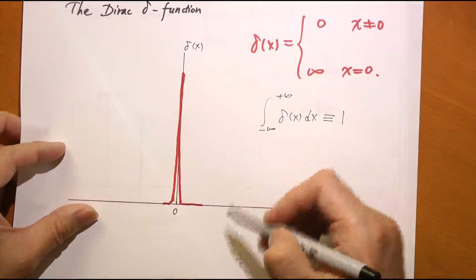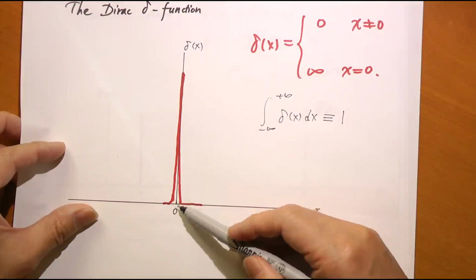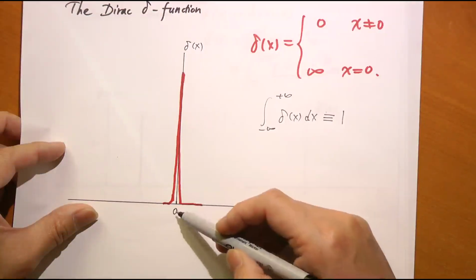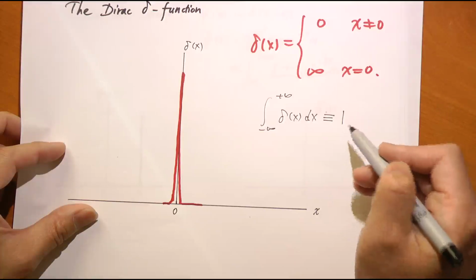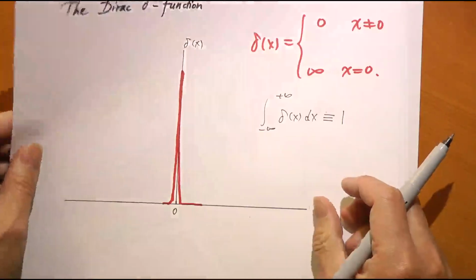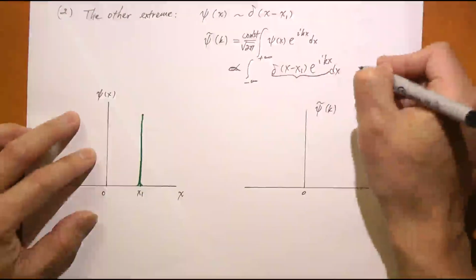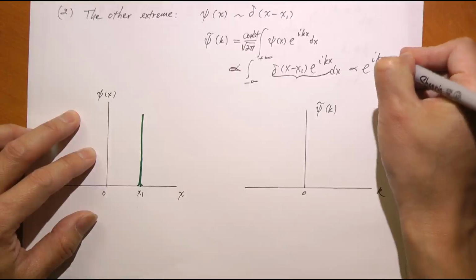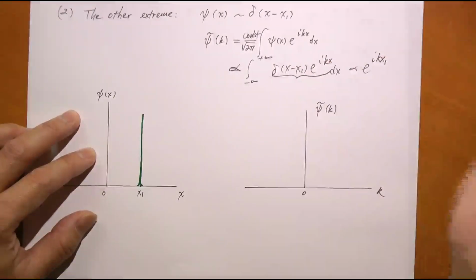You have an extremely narrow base but an extremely tall function. The area is something very small times something very large, and we give it the number 1 for convenience. So you take that out, and you're left with e to the ikx1 only, and what's left is the delta integral, which is 1.